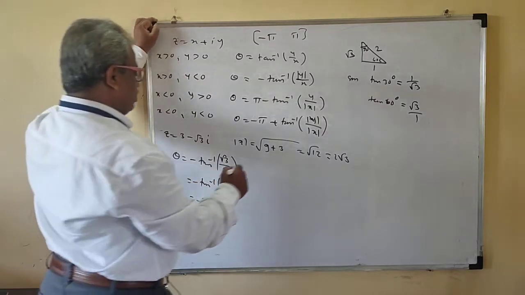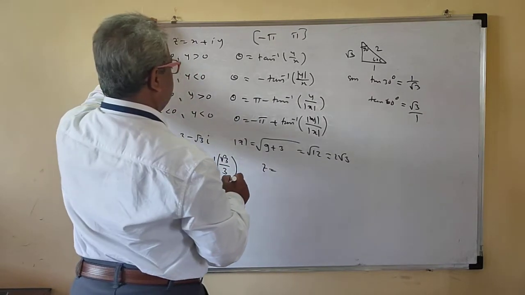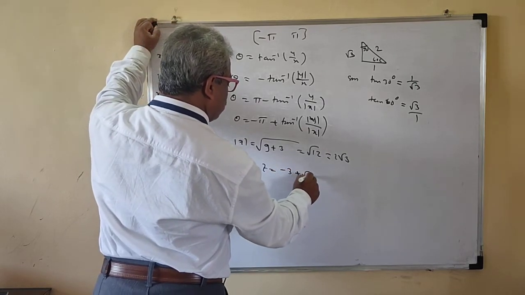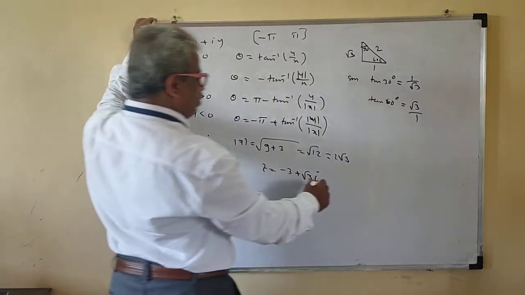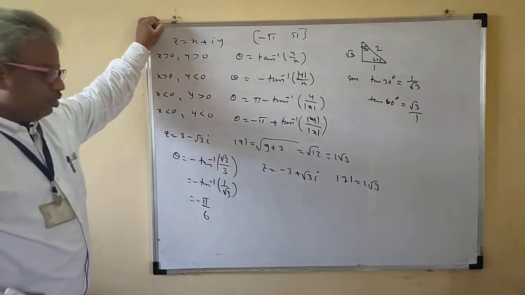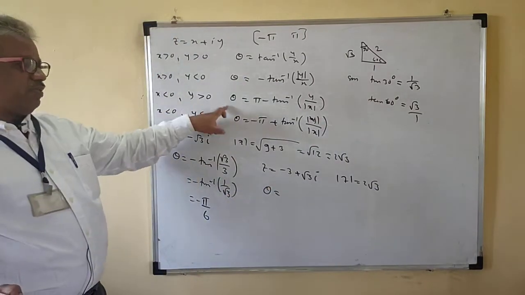So if your z is minus 3 plus root 3i, then your modulus is 2 root 3. What is theta then? Your x is negative now, x is negative, y is positive.